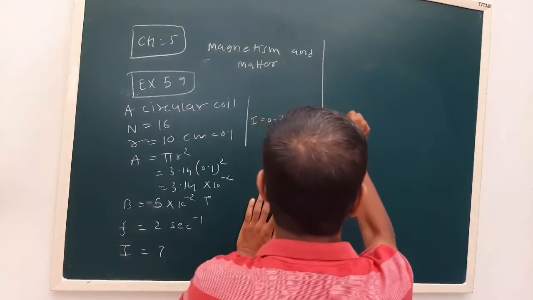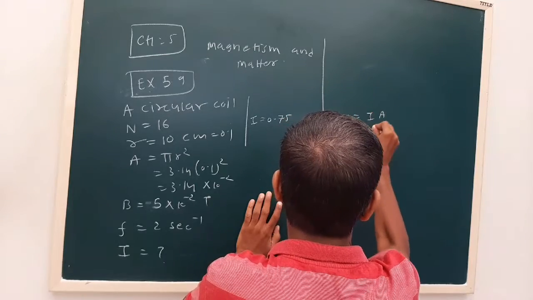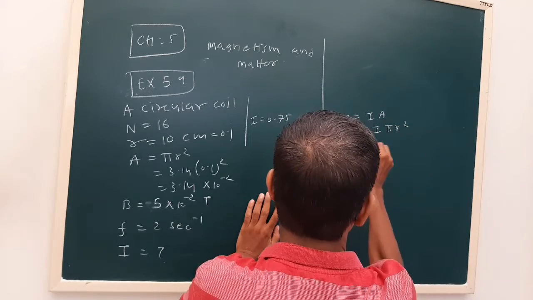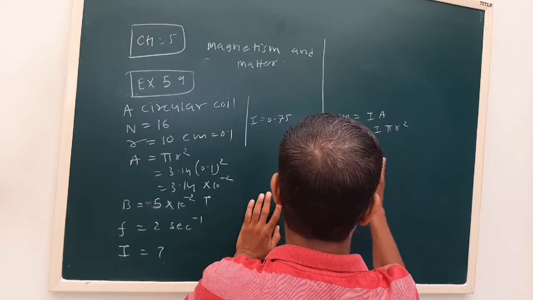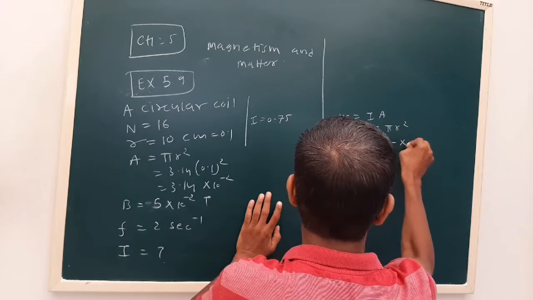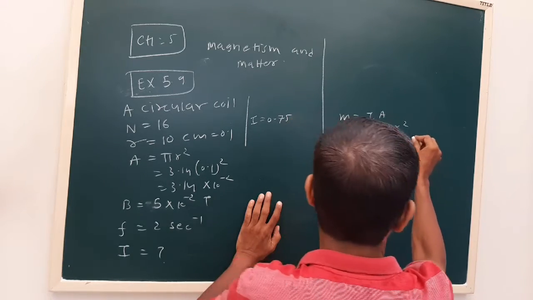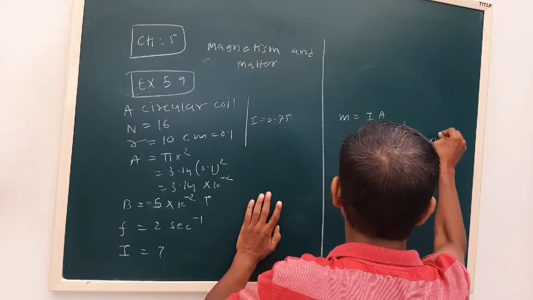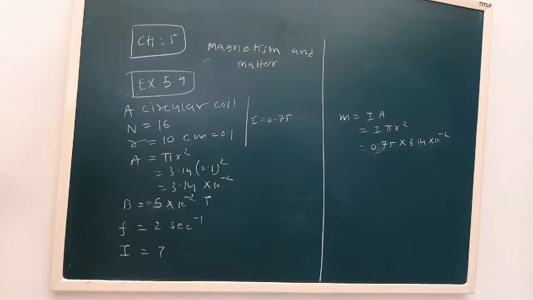So m is I into pi r square, with I as 0.75 and the area as computed. This is the magnetic moment or magnetic dipole moment.